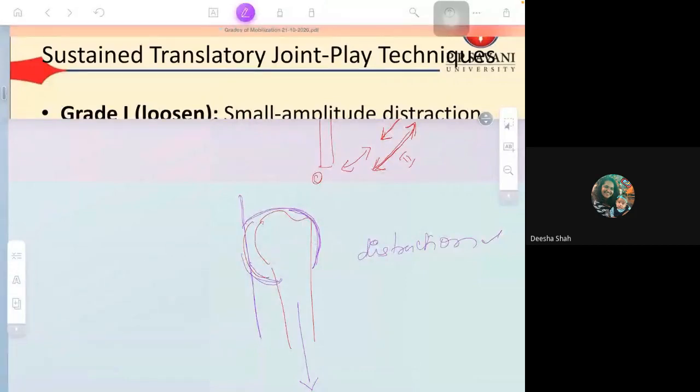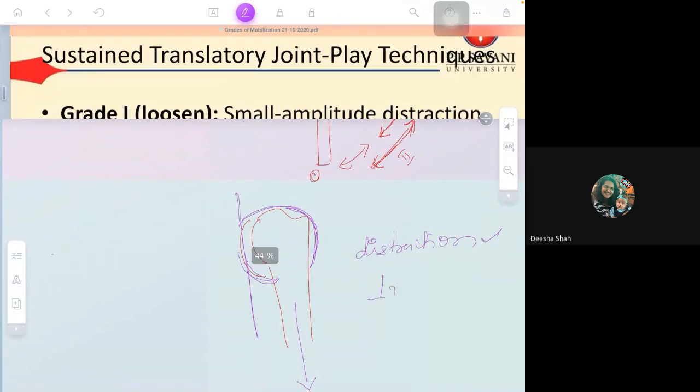Distraction is always perpendicular to the treatment plane. So what is the treatment plane here? This is the glenoid cavity and this is the humerus. If you study the definition of treatment plane, it is a perpendicular line drawn to the axis of rotation to the center of the concave partner.